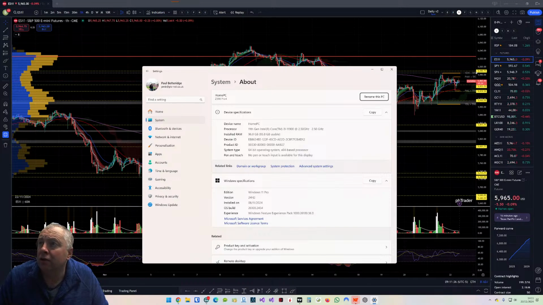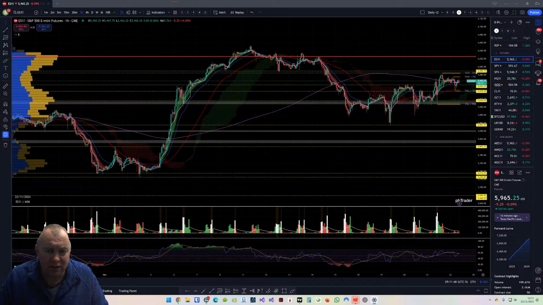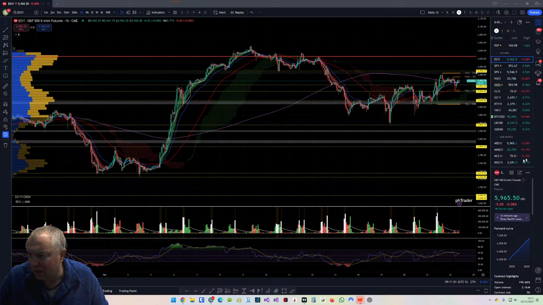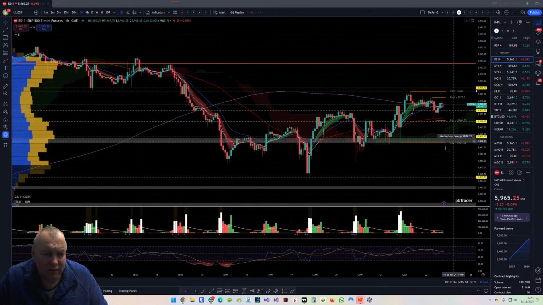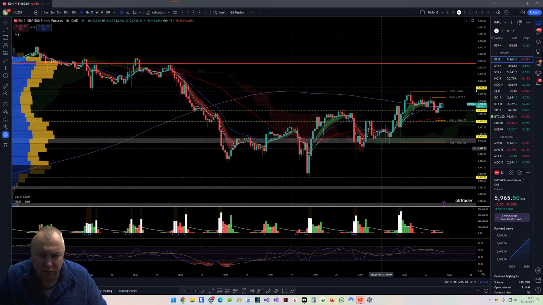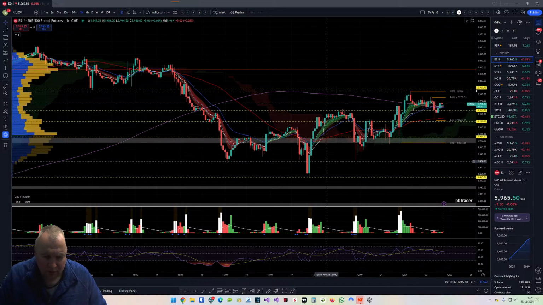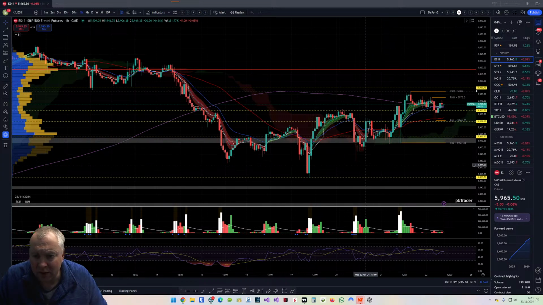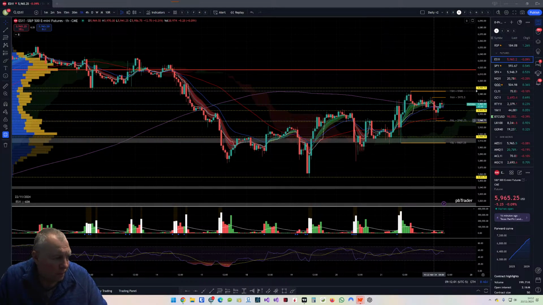Here we go. Now it's all moving because I've closed down Interactive Brokers. 16 logical processors, 8 core, 2.5 gig. It's fairly adequate, 96 gigs of RAM. So it's not like it's a slow PC, but maybe it just needs a bit of a reinstall. I use it for development as well. Okay, so let's just get back to the levels and we move on.